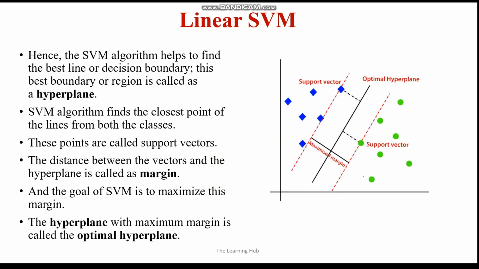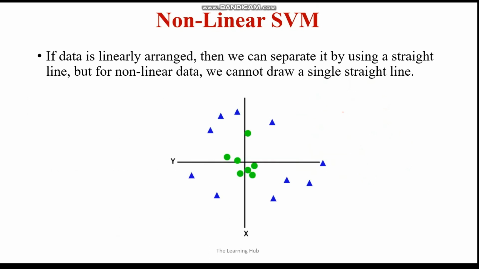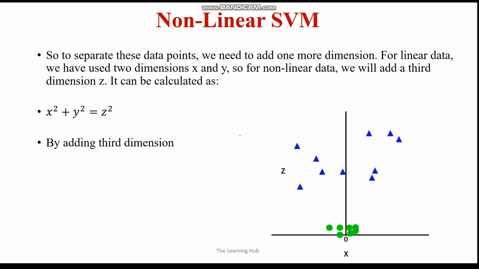This is again an example of linear SVM where we are getting the maximized margin with support vectors, and this is non-linear, in which we have to add another dimension, so that it can be separated like this.